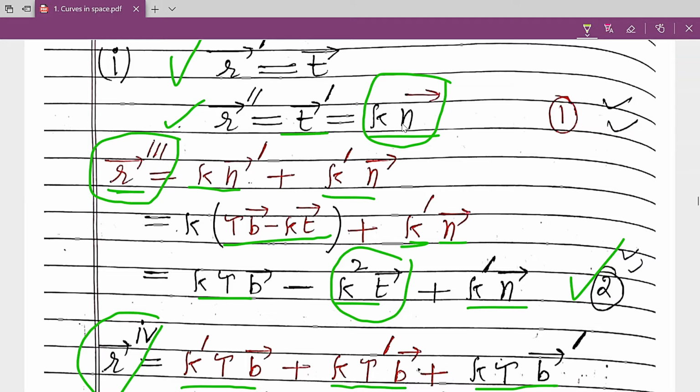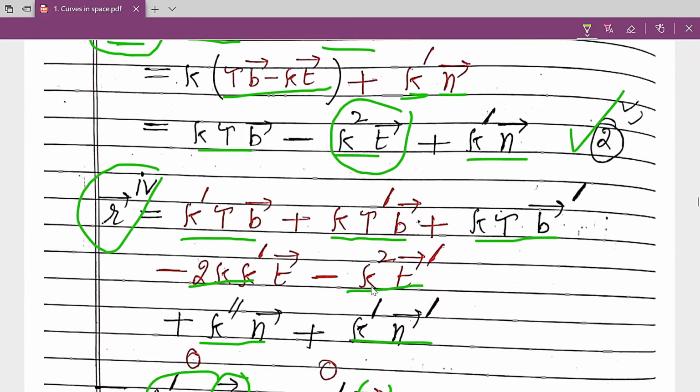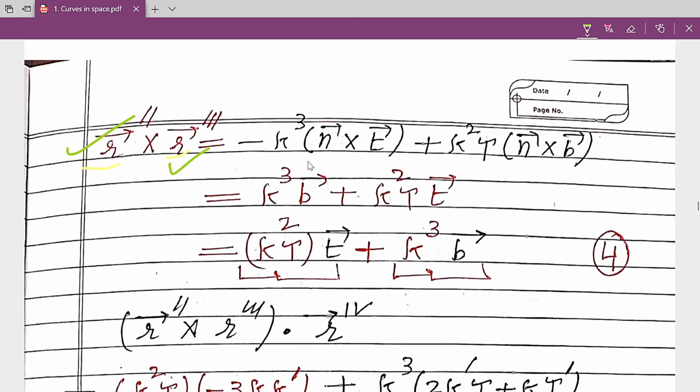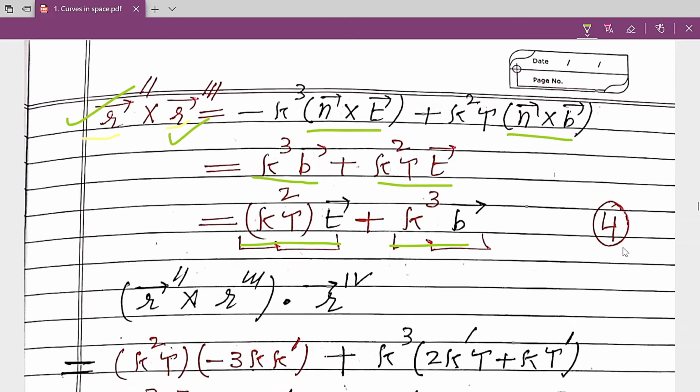We get these two terms, one with b vector and the second with t vector. So we get kappa cube b vector plus kappa square tau t vector. This is equation number 4.